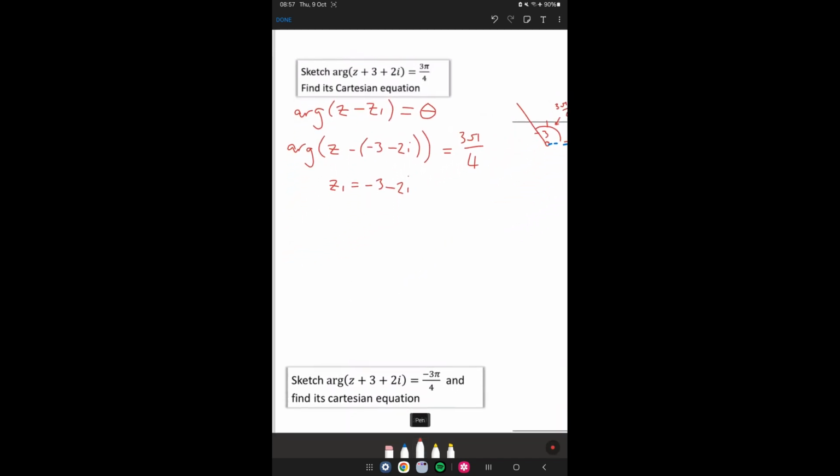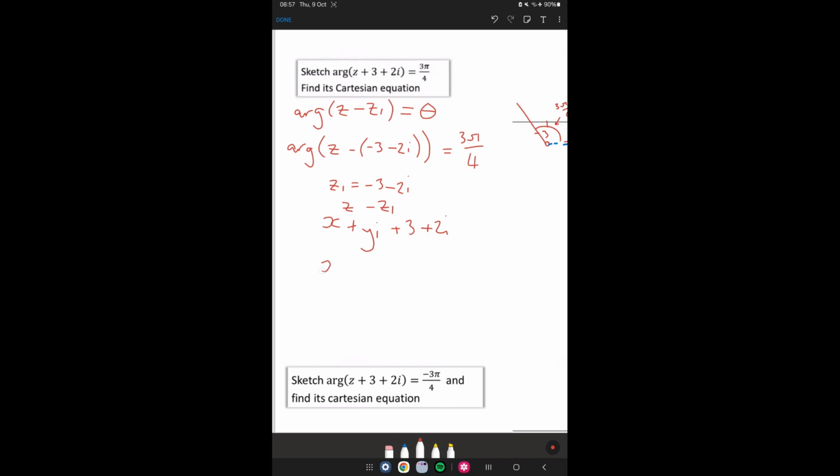So we can do it using our equation here. Like we did before, let's just write it out. Z is, remember, x plus iy, so if we're doing Z minus Z1, I'm rewriting it as x plus yi, and then I can just do the plus 3 plus 2i, because it's a minus minus, which is a plus.